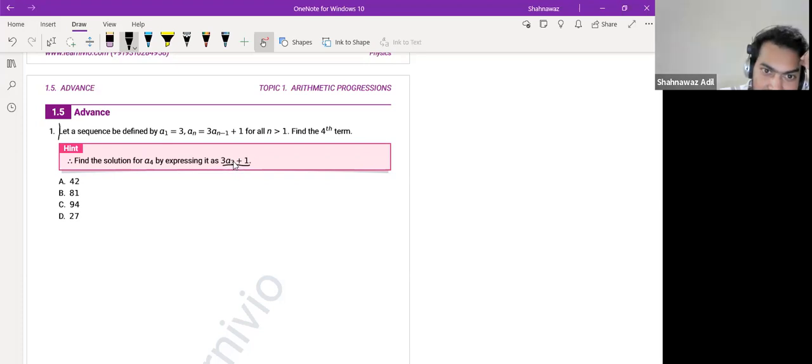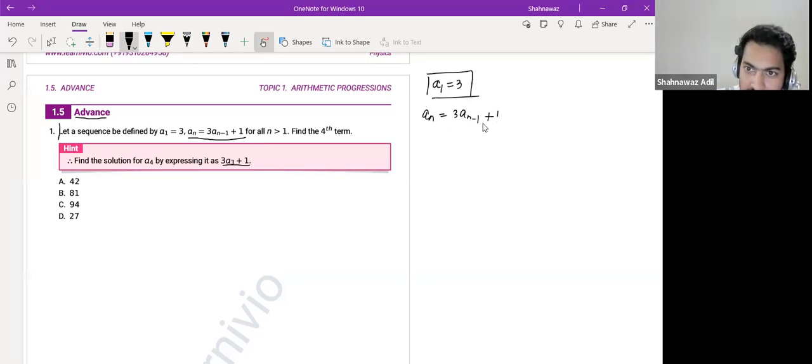If you want to find A2, then you have to find A1, and it goes like that. So A1 is 3, and we have to follow 3 steps to solve this problem. That is why it is the advanced question. So An is 3 times An minus 1 plus 1. It wants us to calculate the fourth term.